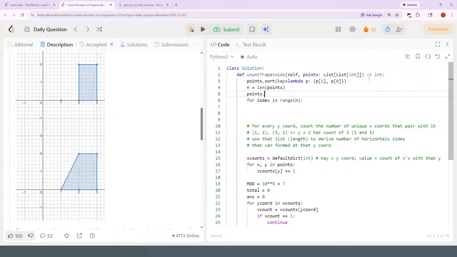So I'm going to do points.append, let's say infinity. I guess these are arrays, or whatever. You can pair elements within those things anyways.